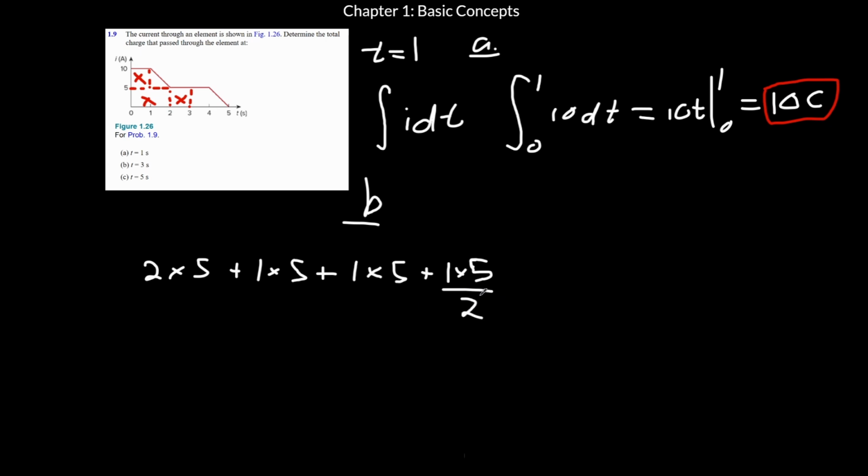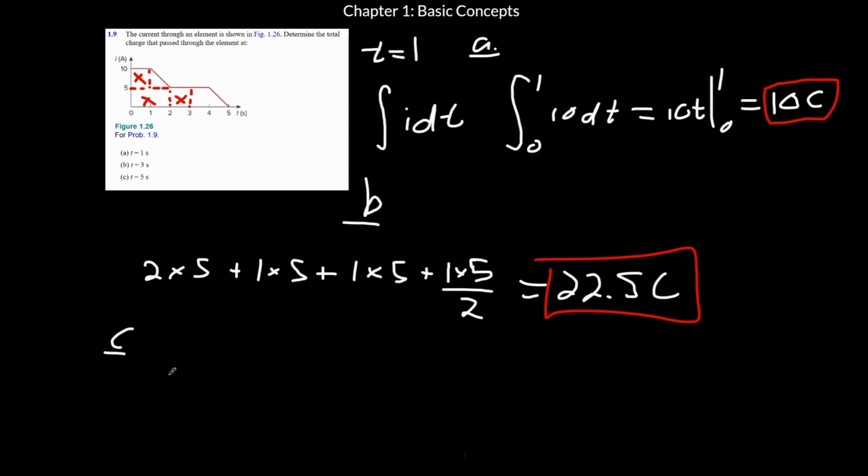Okay, so if we just do all the math here, simple math, 10 plus 5, 15 plus 5, 20 plus 2.5 is going to be equal to 22.5. Cool.